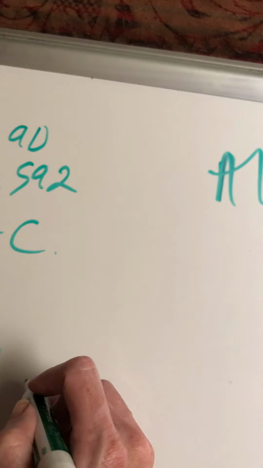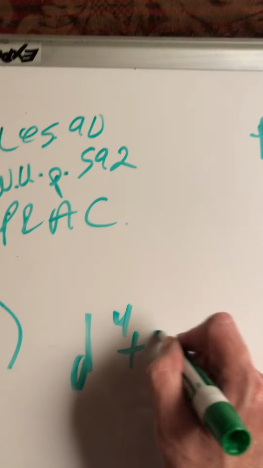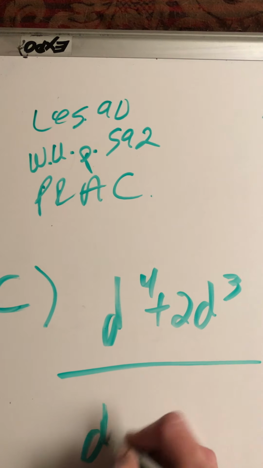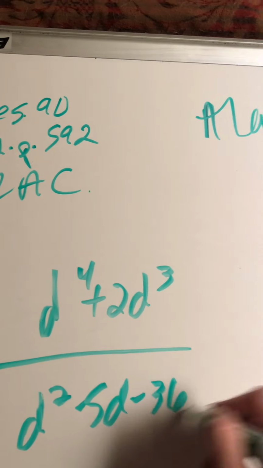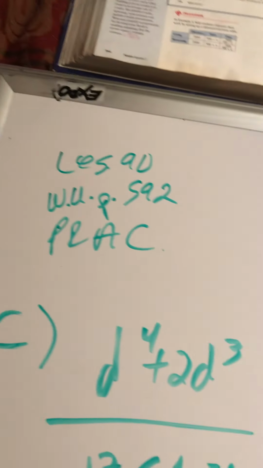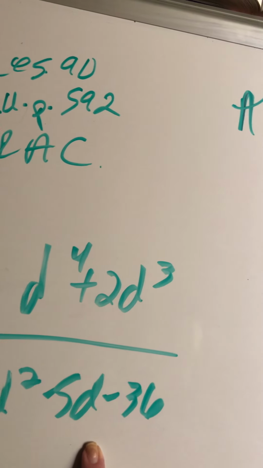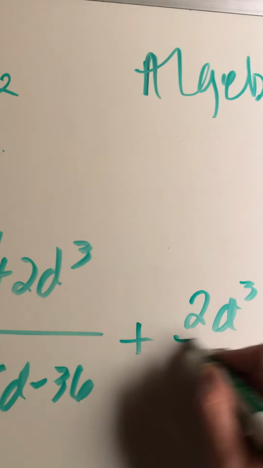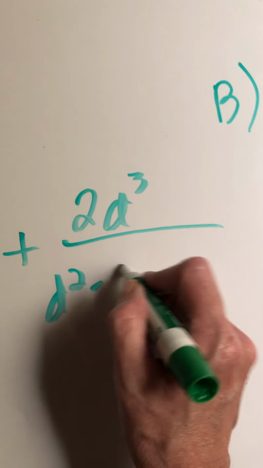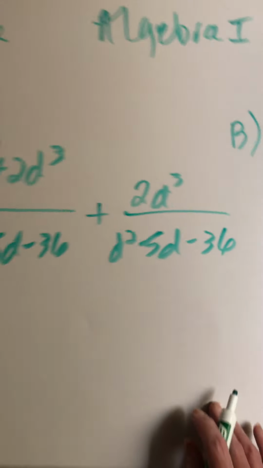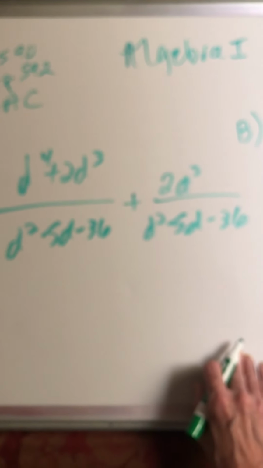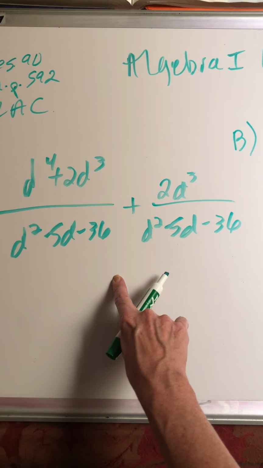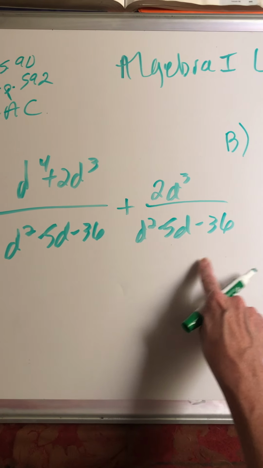Let's see. It is d to the 4th plus 2d cubed over d squared minus 5d minus 36. Let me make sure I got that right. Okay, d to the 4th plus 2d cubed over d squared minus 5d minus 36.